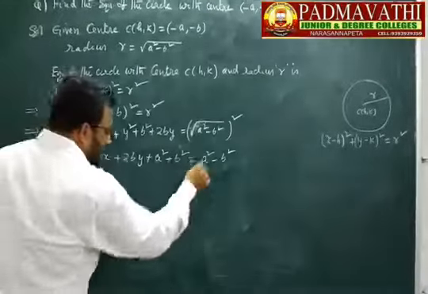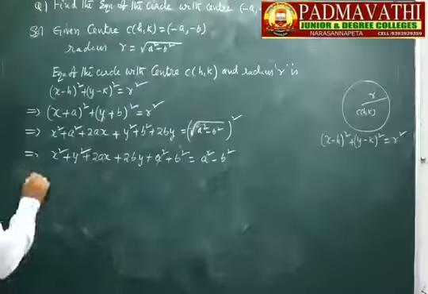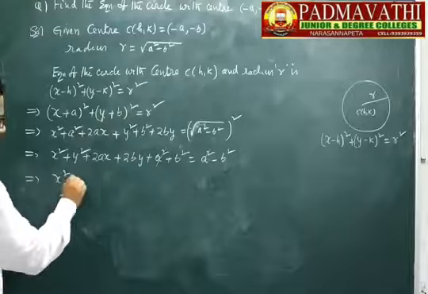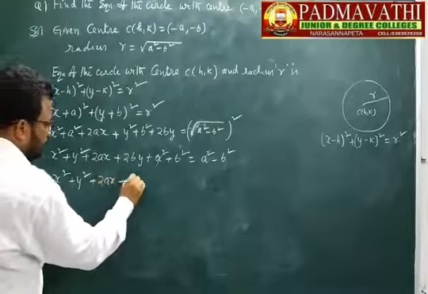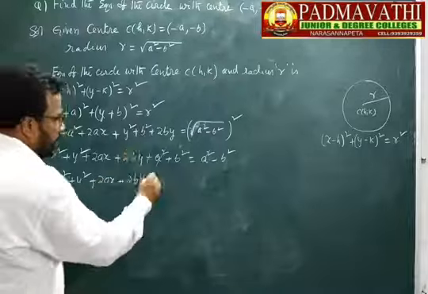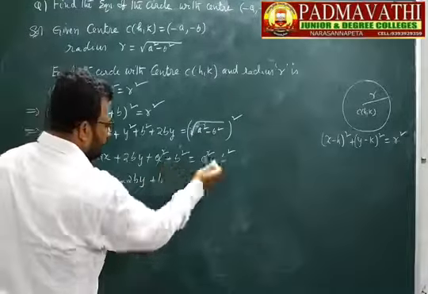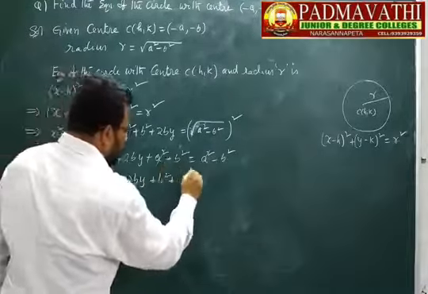The a square gets cancelled. That implies x square plus y square plus 2ax plus 2by plus b square minus b square plus b square is equal to 0.